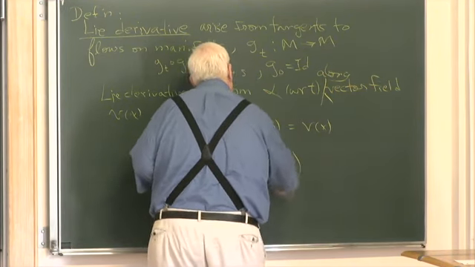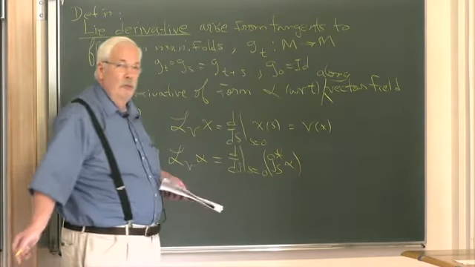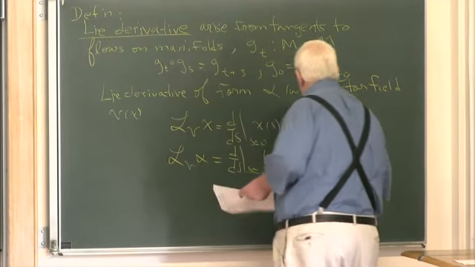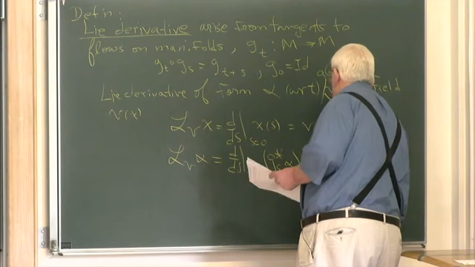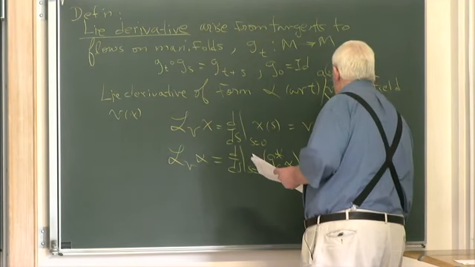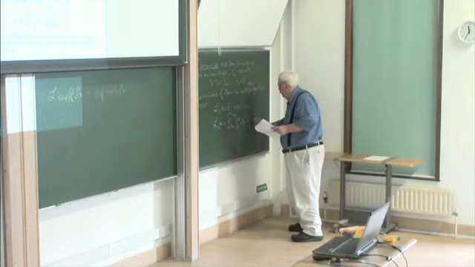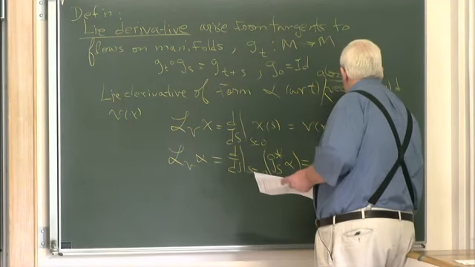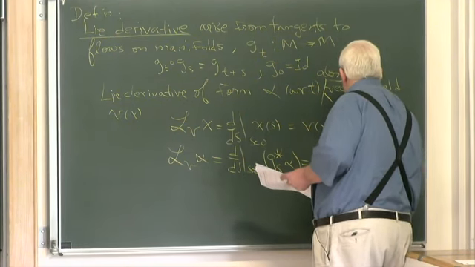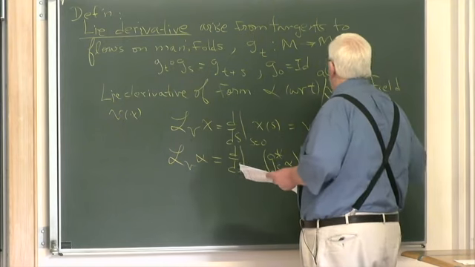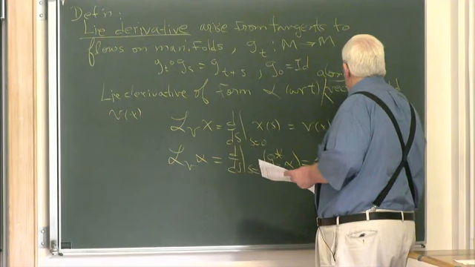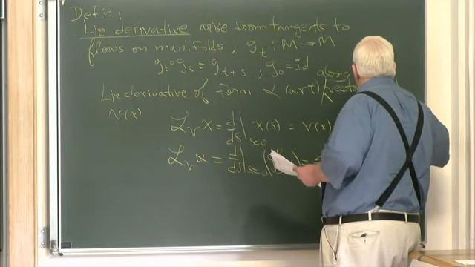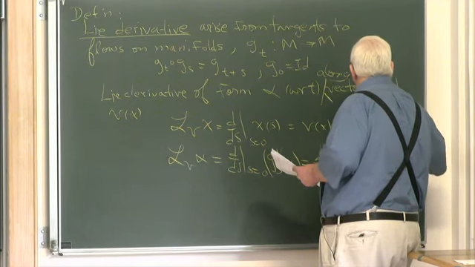This is what Randy in his first lecture called pullback, but it just means this: d by ds at s equals 0 of alpha of x of s. Right? So we write x of s is gs acting on x at 0.